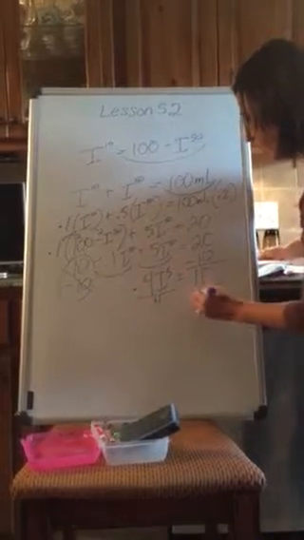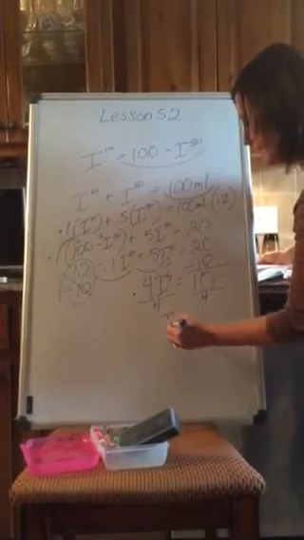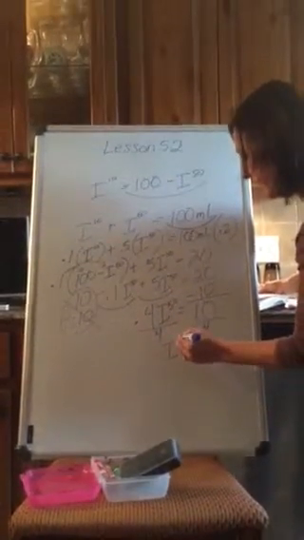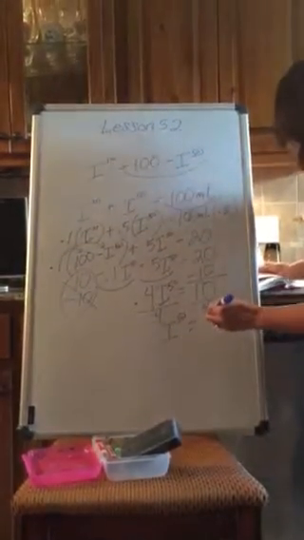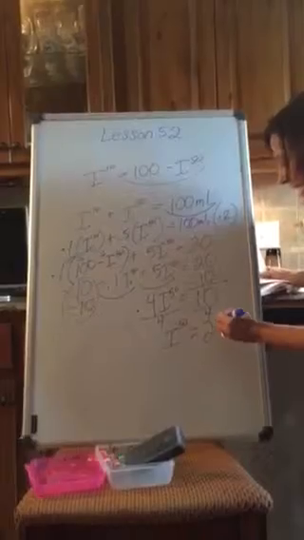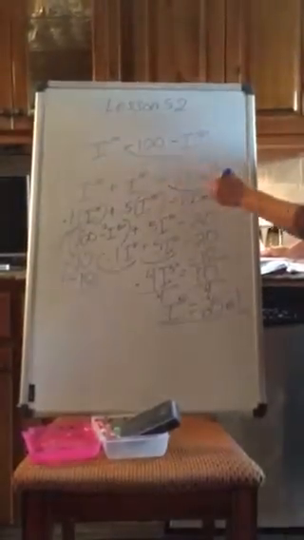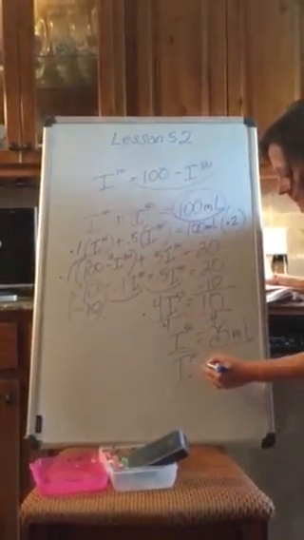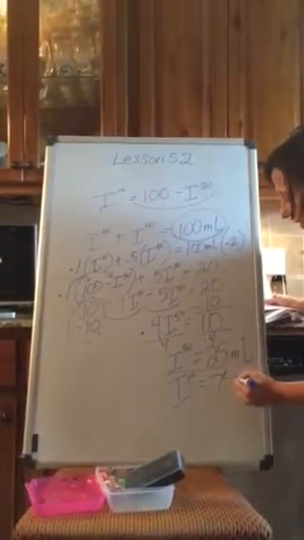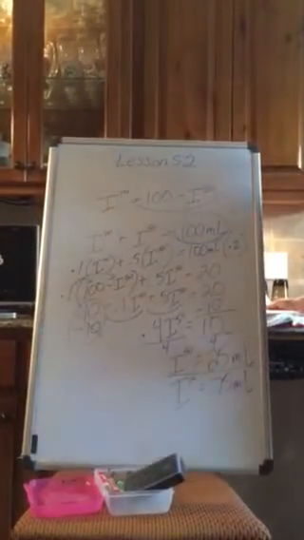Divide by 0.4, and the amount of iodine 50 I have is 25 milliliters. If I have that much in the iodine 50 and I end up with a total of 100, then for the iodine 10, it has to be 75 milliliters.